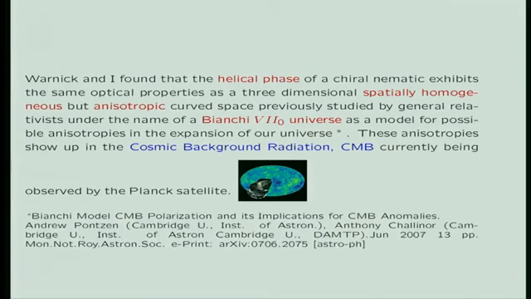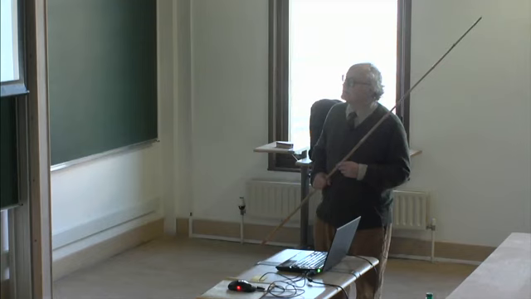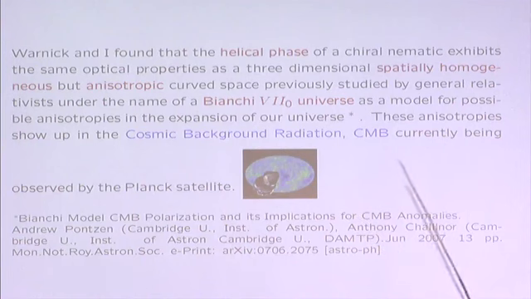But it's basically a curved space, and as a model, in fact, for the various possible anisotropies in the expansion of our universe. Here is a typical map of the CMB. This is a map of temperature over the sky, of the cosmic background radiation. We usually model that in terms of a perfectly round or homogeneous and isotropic space.